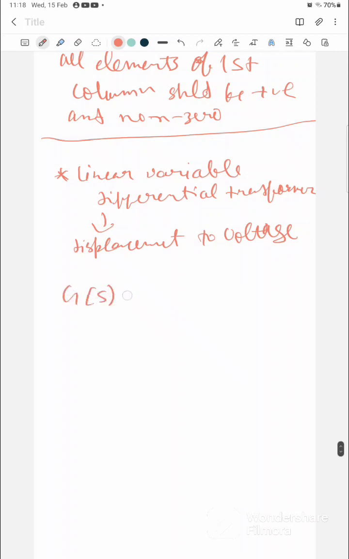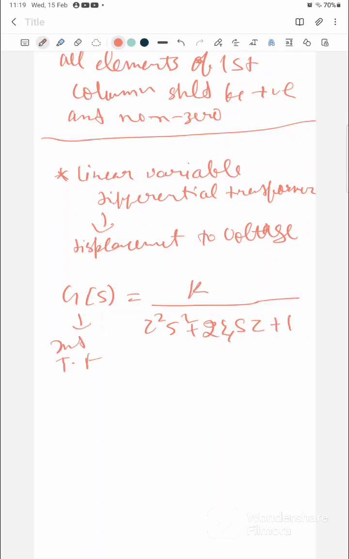We know that the second order transfer function is defined as K by (tau square s square + 2 zeta tau s + 1). So roots come out to be minus zeta by tau plus minus root of (zeta square minus 1) upon tau.